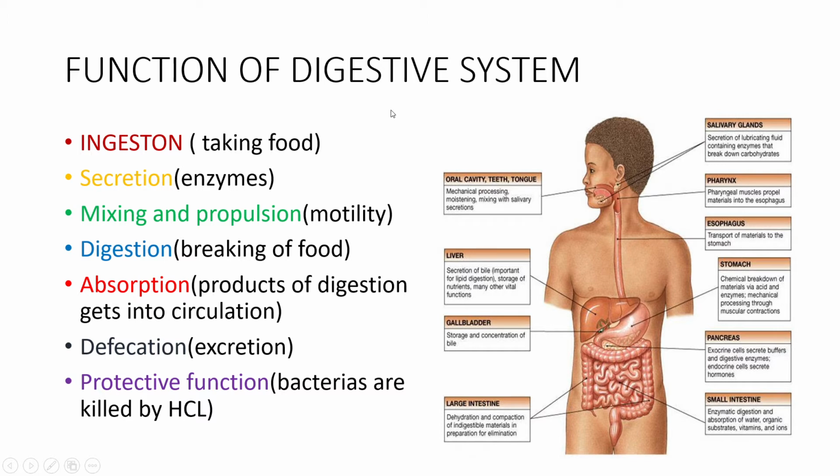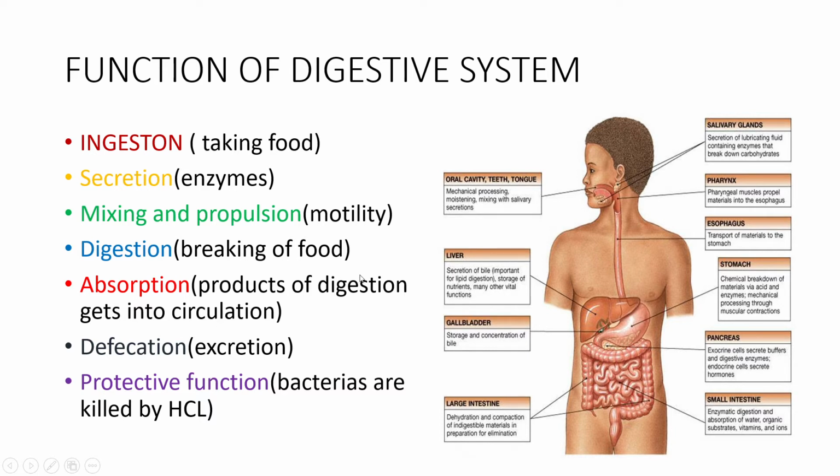Now the next part is the function of the digestive system. Here we will know about certain processes like ingestion, that is taking of food; secretion, that is secretion of enzymes; mixing and propulsion, that is motility; digestion, that is breaking of food; absorption, that is the products of digestion getting into circulation; defecation, that is excretion; and protective functions, that is the bacteria which are killed by HCl present in the stomach.